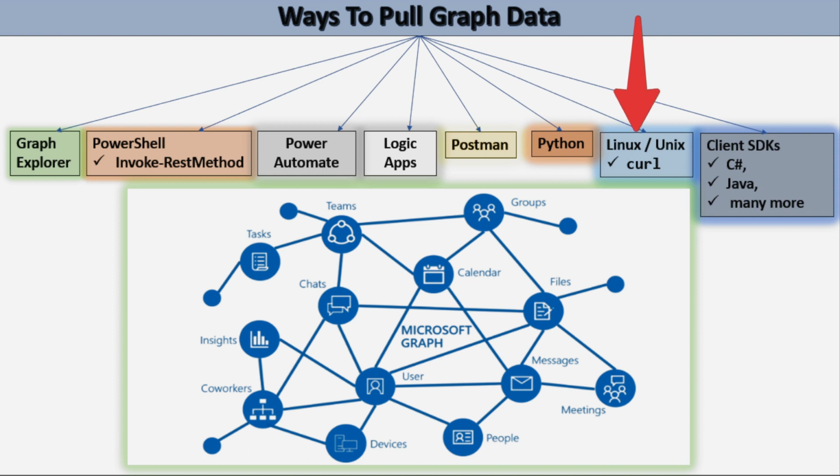If we are using Linux or Unix, we can pull graph data by running the curl command. There are some other client SDKs like Java and C Sharp to access the graph data. In this module we are only going to discuss Graph Explorer and how we can use Graph Explorer to pull the Microsoft Graph data.